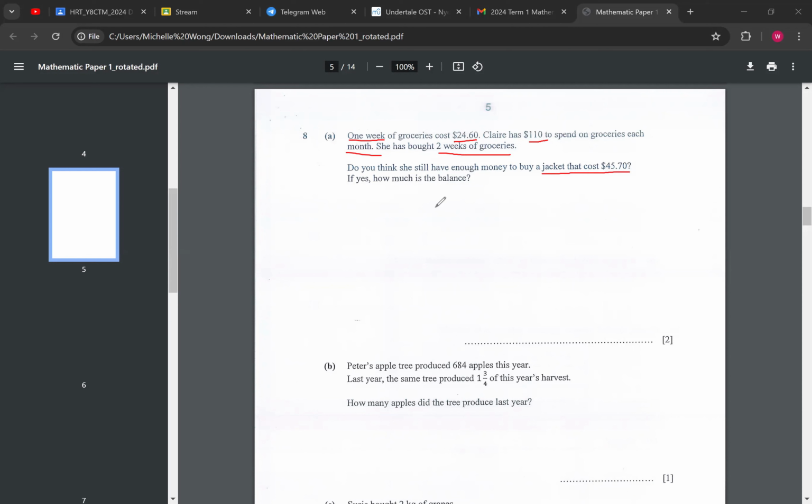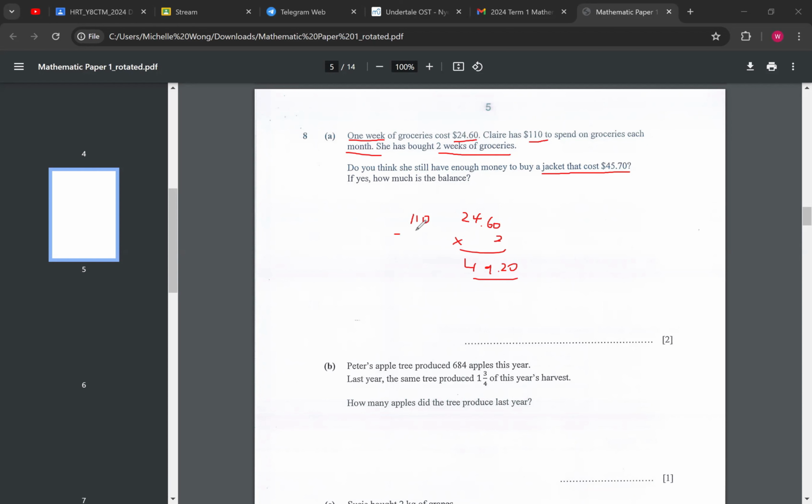So to find the balance and see if she has enough money to buy the jacket, 1 week is 24 ringgit and 60 cents. She has 110 ringgit to spend on groceries. So 110 minus 24.60 times 2, because they want 2 weeks of grocery, which we will get 49.20.